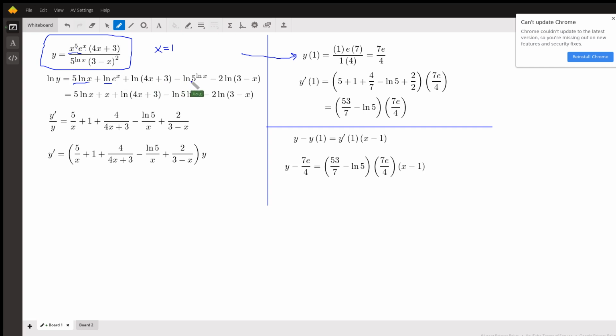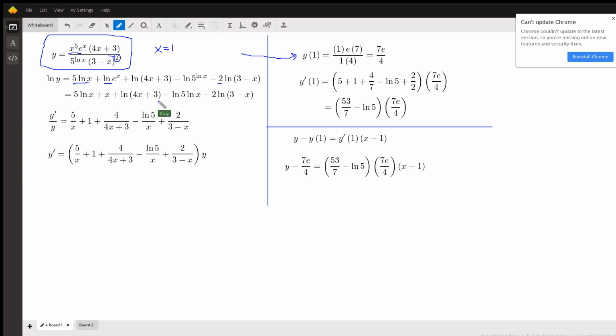So minus ln of 5 to the ln of x, minus, I move this 2 down front, property of logarithms, there it is, minus 2 times ln of 3 minus x. And simplifying this just a little bit, 5 ln of x, ln of e to the x is just x.